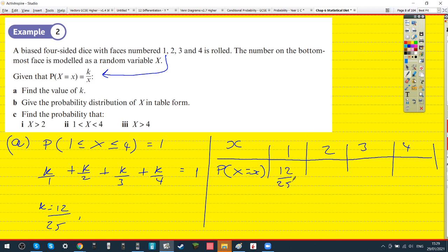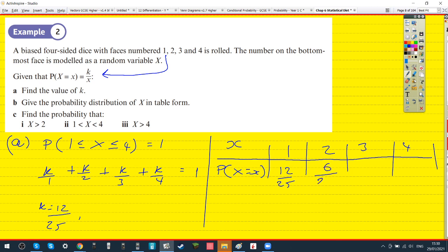Yeah. Next one. So is x meant to be equal to 2 in this scenario? Yep. And so it becomes 6 over 25.